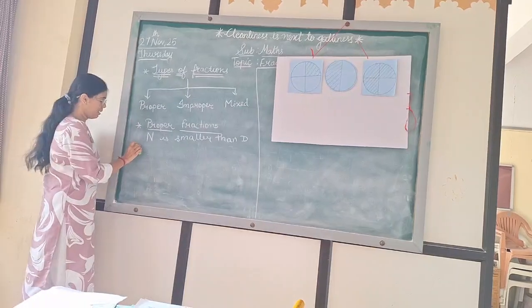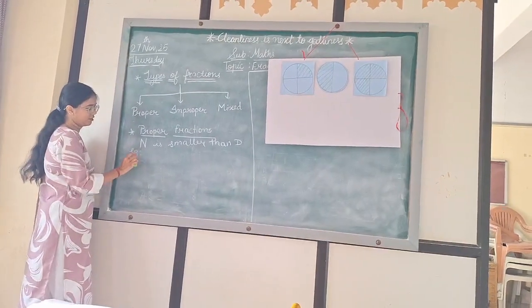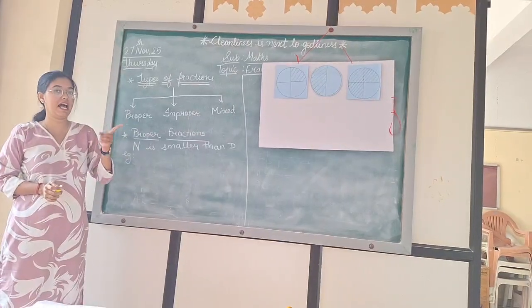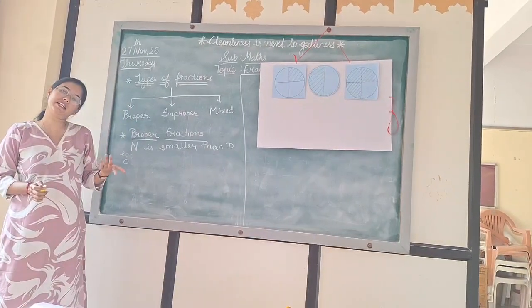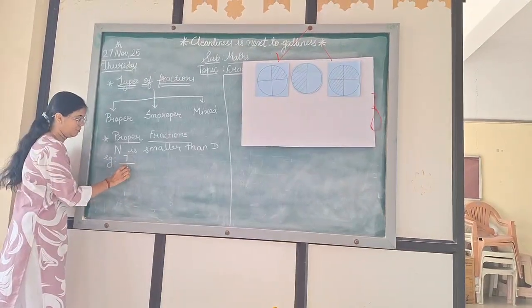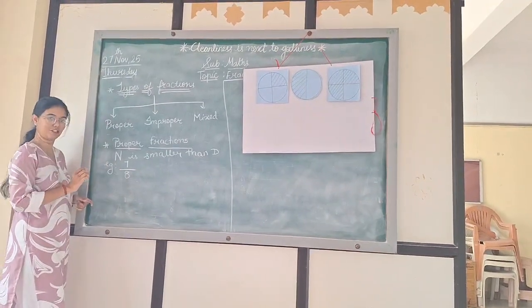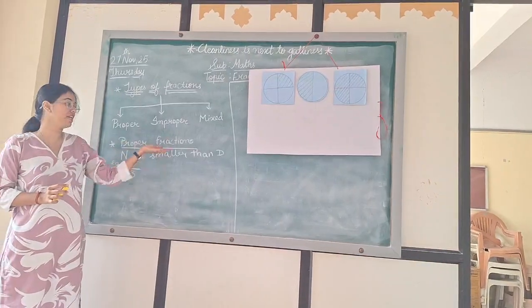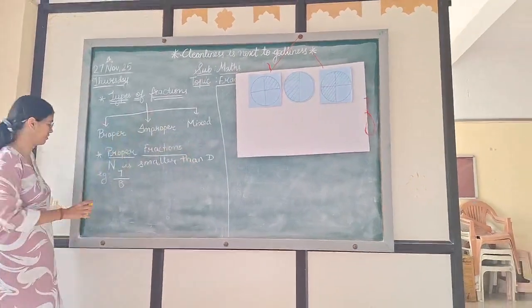Okay, so Aboli, can you just give an example for this? Numerator is smaller and the denominator is greater. So tell me one fraction. 7 upon 8. Yes, correct. So understood, in proper fractions, the numerator is always smaller than the denominator.